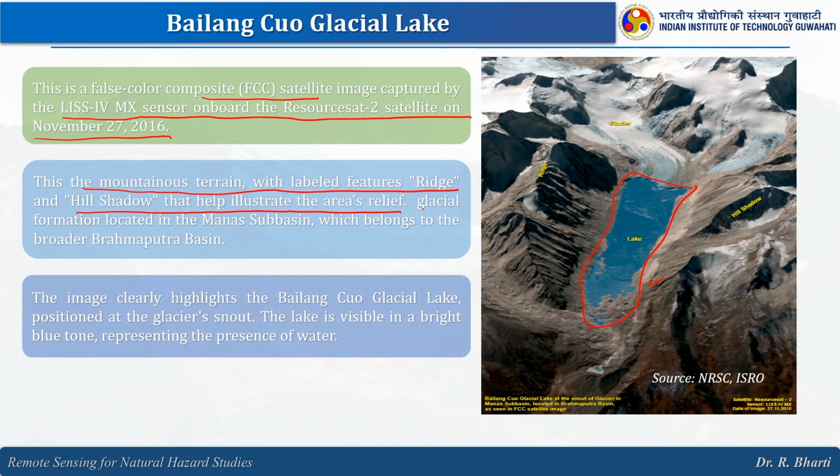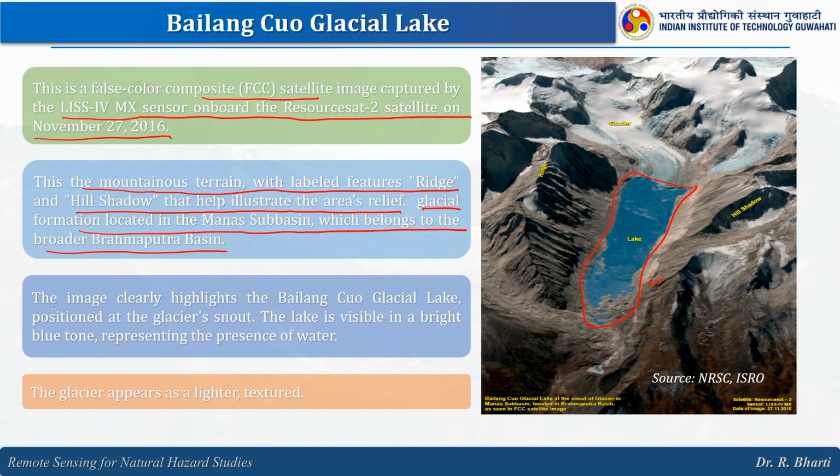The glacier formation is located in the Manas sub-basin, which belongs to the broader Brahmaputra basin. The image clearly highlights the glacial lake positioned at the glacier snout. The lake is visible in a bright blue tone representing the presence of water. The glacier appears as a lighter texture. So, you can see here.